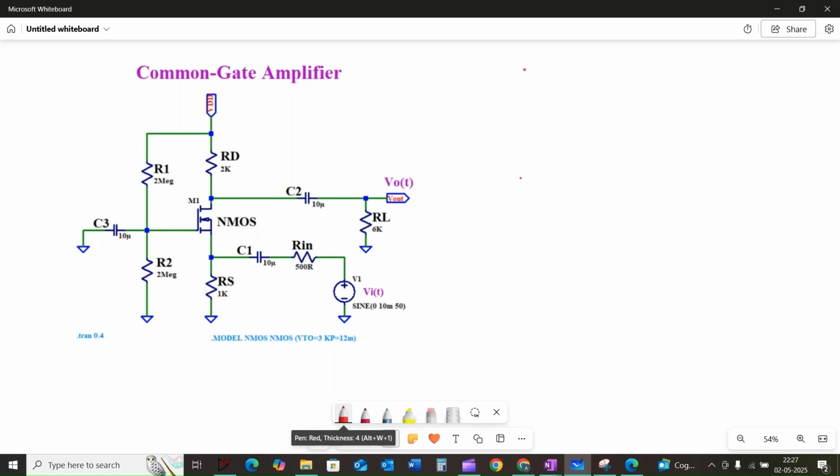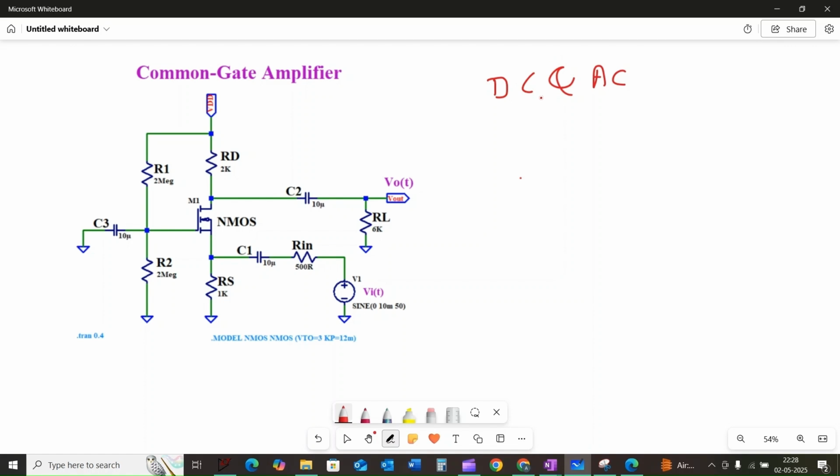In this video, we are discussing the common gate amplifier using an N-channel enhancement type MOSFET. We will analyze the circuit behavior by performing DC analysis and AC analysis, and determine the key parameters through step-by-step calculation and SPICE simulation.